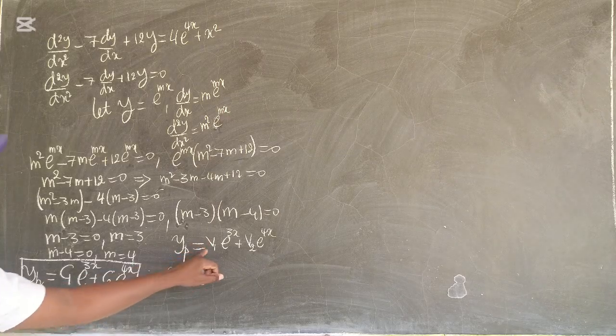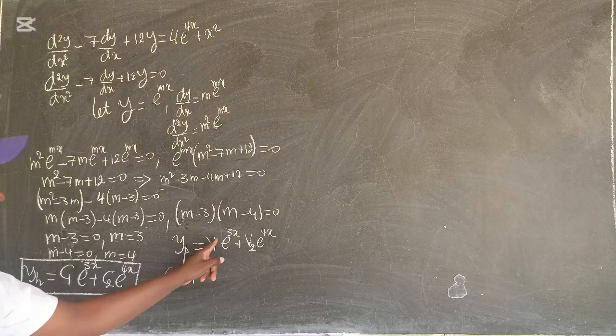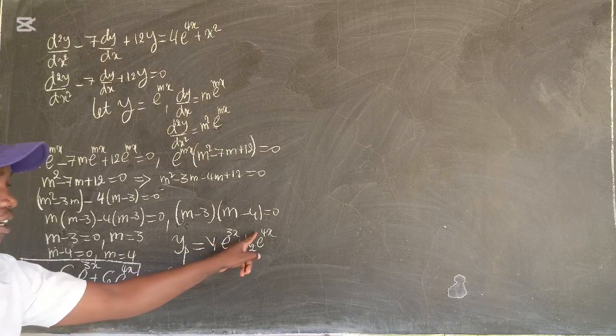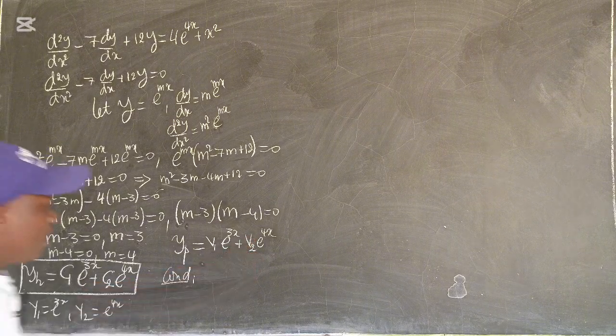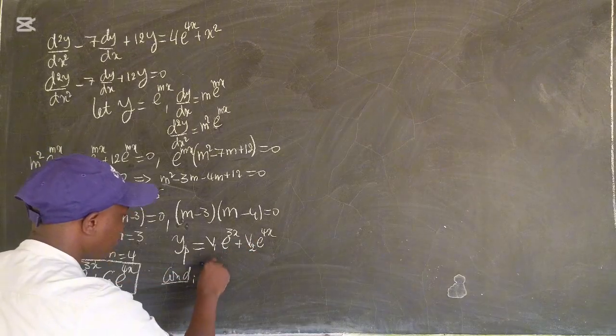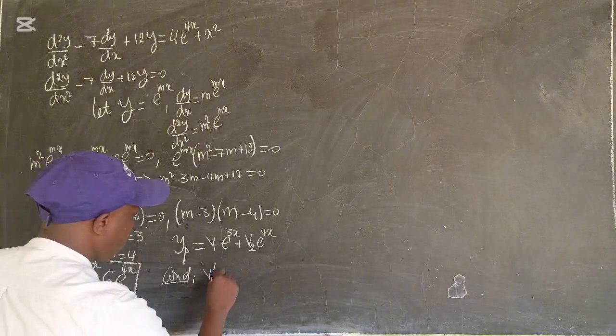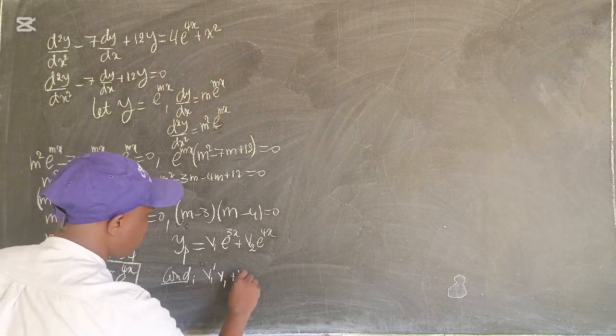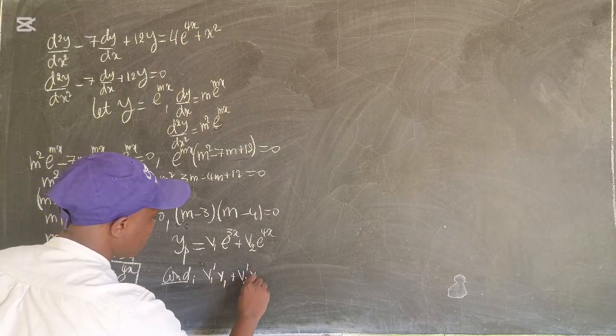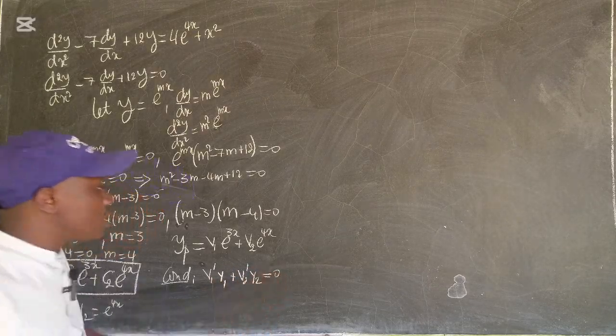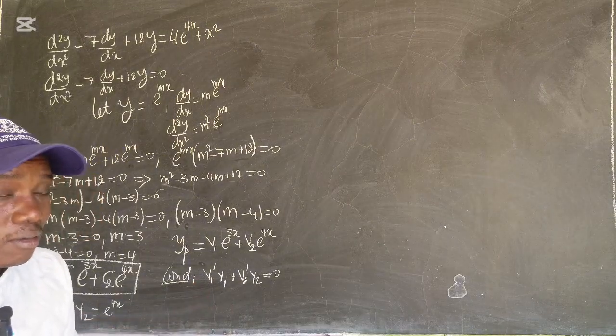The condition is that we differentiate these v's: v1 prime times y1 plus v2 prime times y2 is equal to 0. This is because you have two constants.